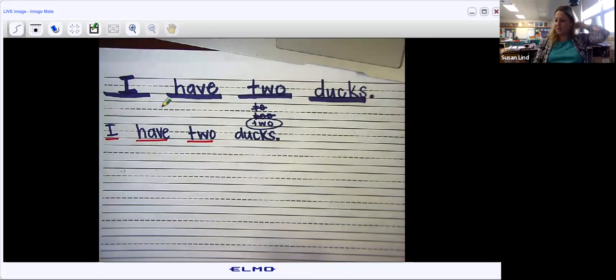Okay, so repeat the sentence after me. I am from Ohio. Let's count the words on our fingers. I am from Ohio. Okay, so I'm going to need, how many lines?